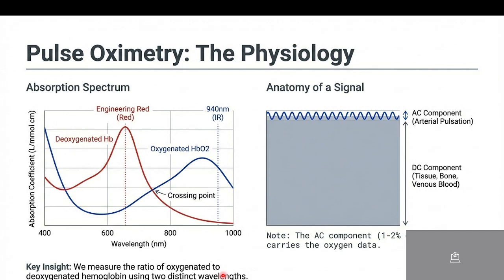Another thing is application-wise, it is very important for the pulse oximeter, in physiology. It is being used as one of the main tools to measure the oxygenated hemoglobin, HbO2.